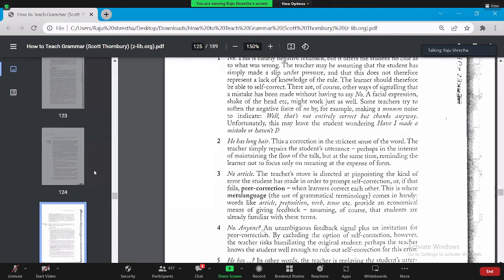Anyone, please check it, rather than giving it to others for peer correction. This is also one technique.